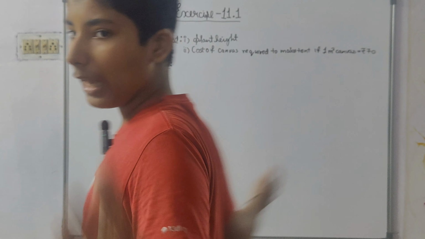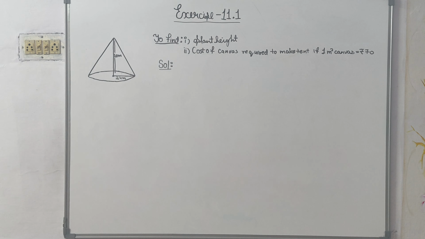Now let's come to the last question of the video. Here it is given that there is a tent with a radius of 24 meter and height of 10 meter. In this case, the slant height of the tent is not given, which we have to find out. Firstly, we have to find the slant height. Secondly, we have to find the cost of canvas required to make the tent.